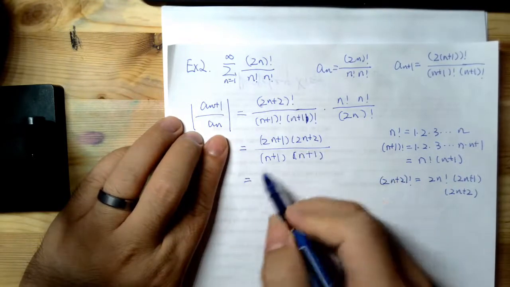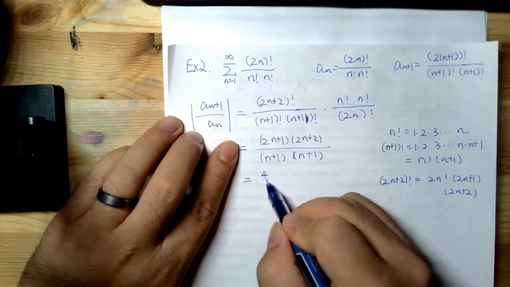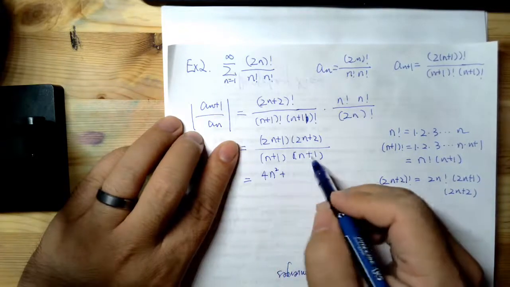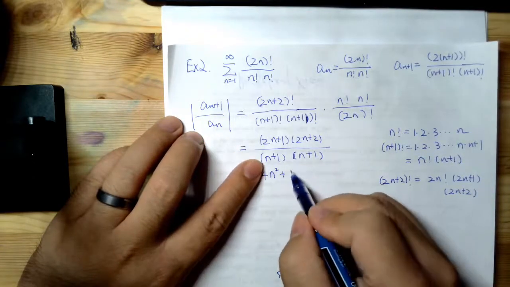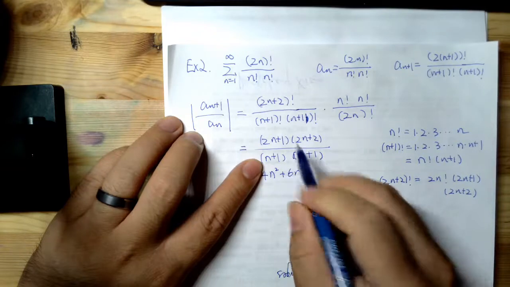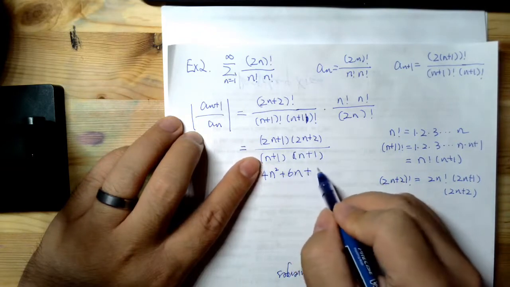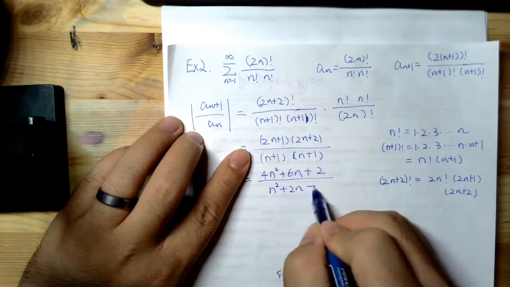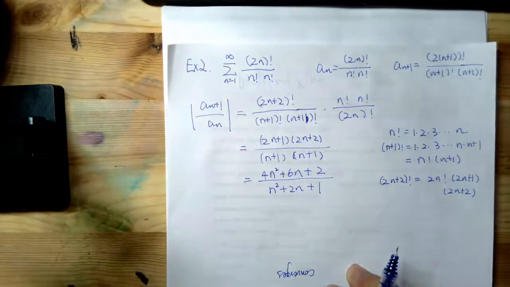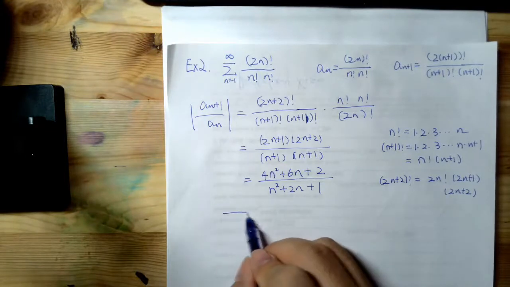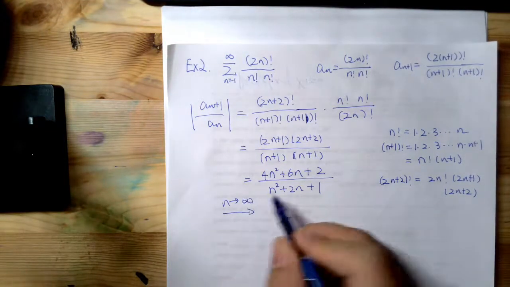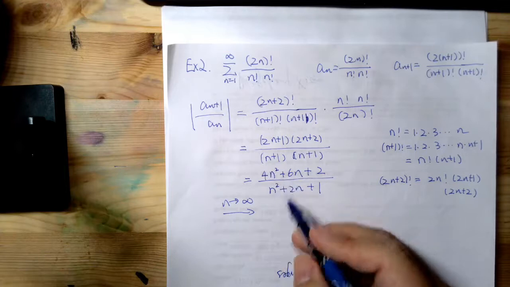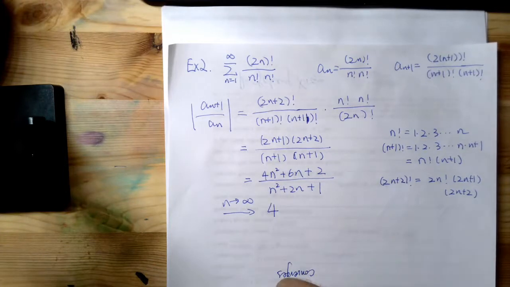And it turns out that you're going to have 4n squared plus 6n plus 2 over n squared plus 2n plus 1. Okay. So it turns out that as n goes to infinity, this limit equals 4.